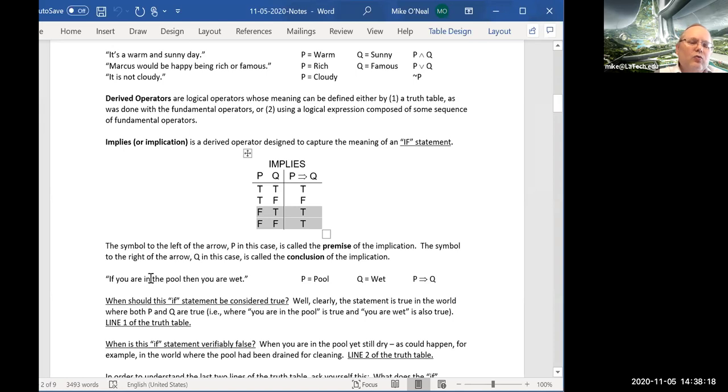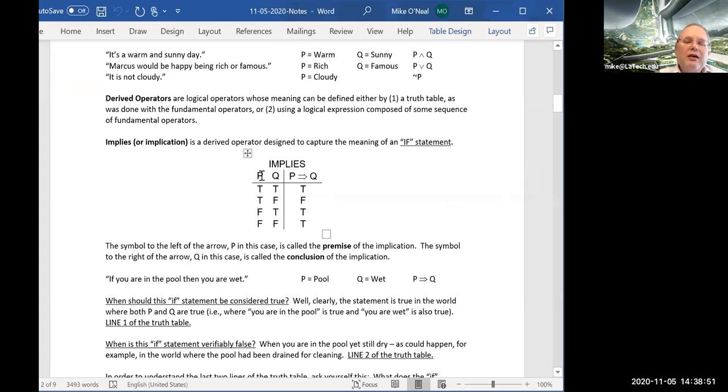In the worlds in which this statement is true, and you're not in the pool, the statement says nothing about your wetness or not wetness. You can't conclude anything about wetness in the worlds where you're not in the pool when the if statement is true. And that's what these last two lines of the table are actually saying.